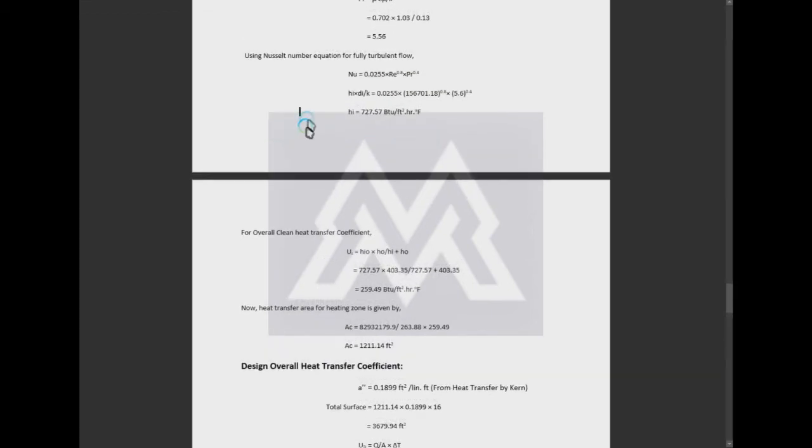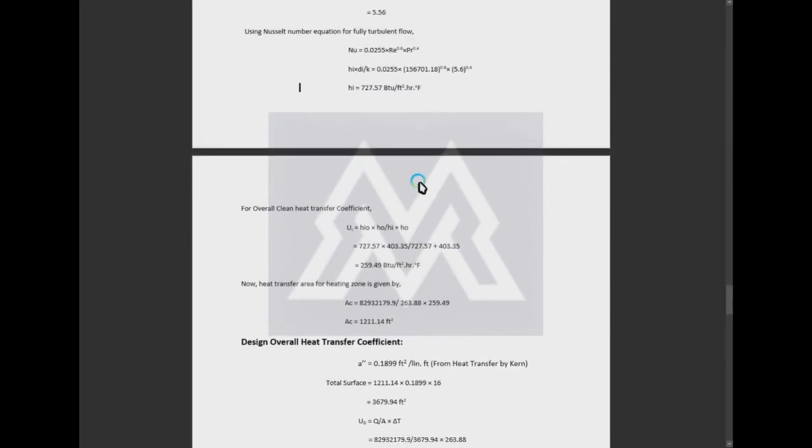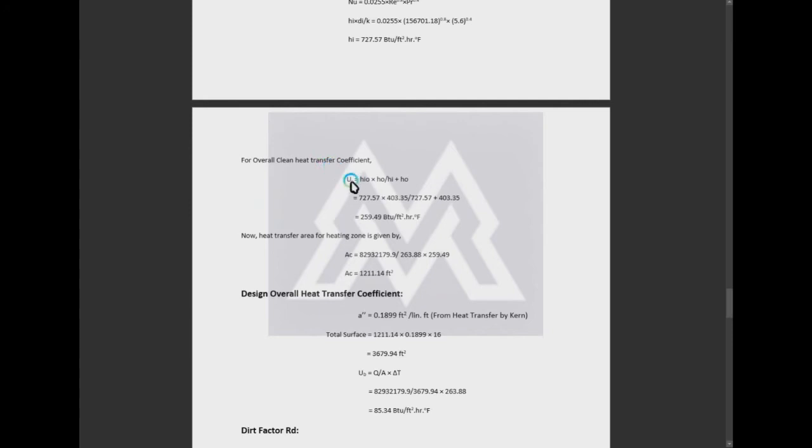So it is the correct and effective Hi, the inner shell heat transfer coefficient. Now for the overall clean coefficient of heat transfer, we multiply Hi naught by H naught and divide by the summation of Hi naught and H naught. So we calculate the clean overall heat transfer coefficient here.